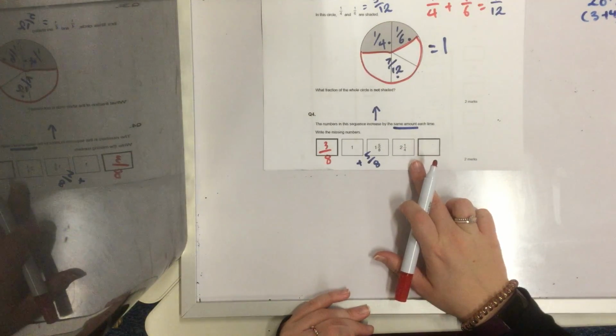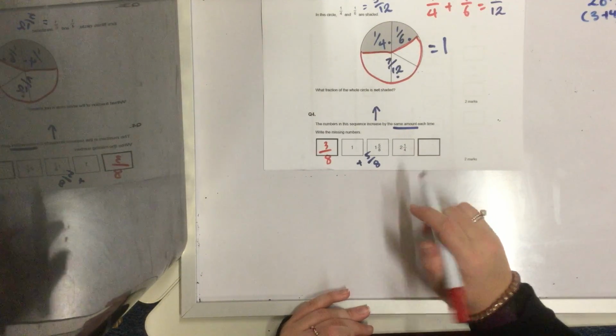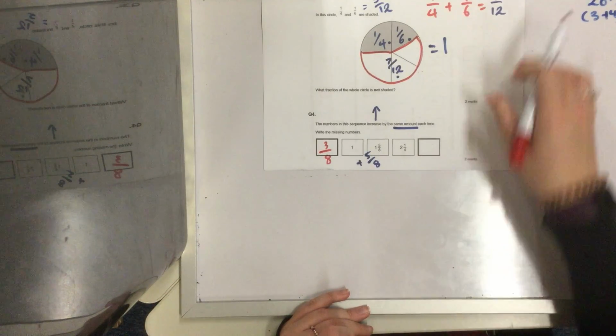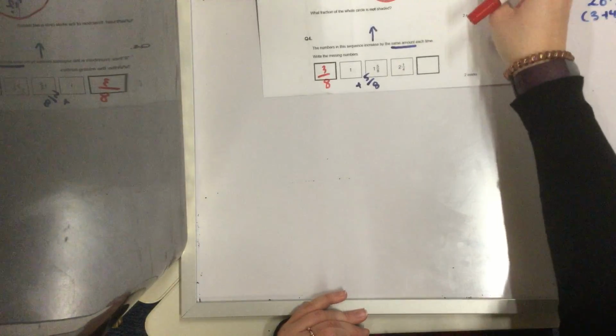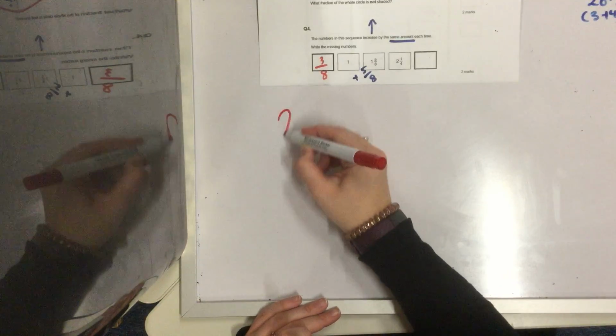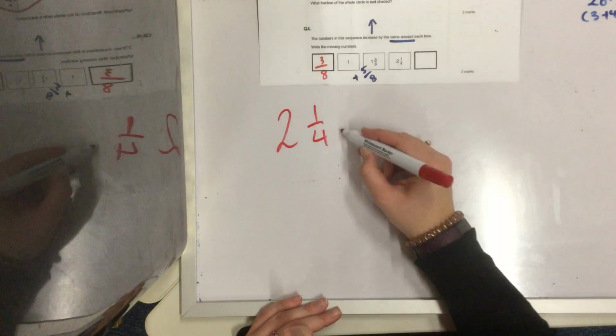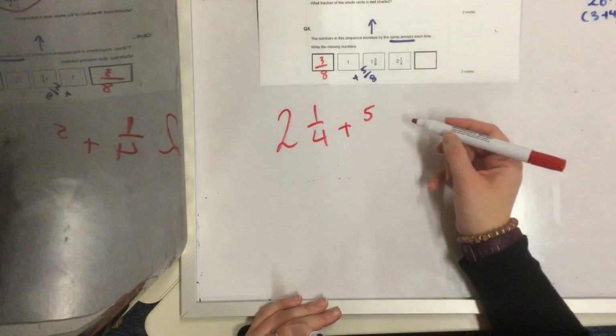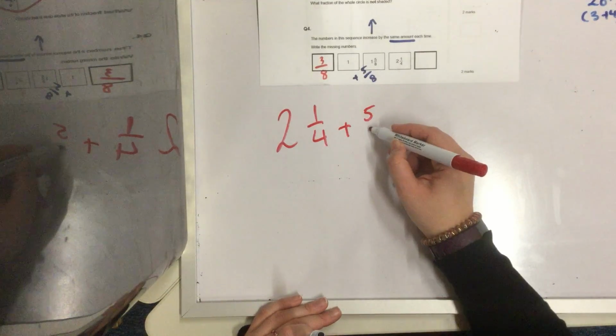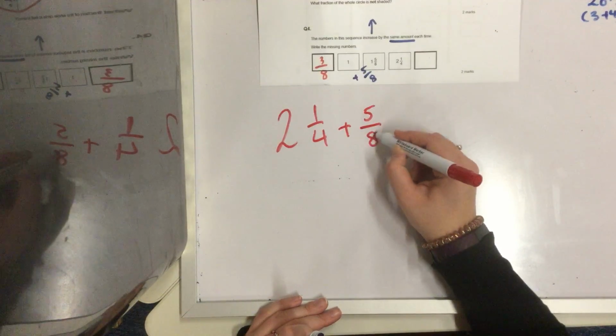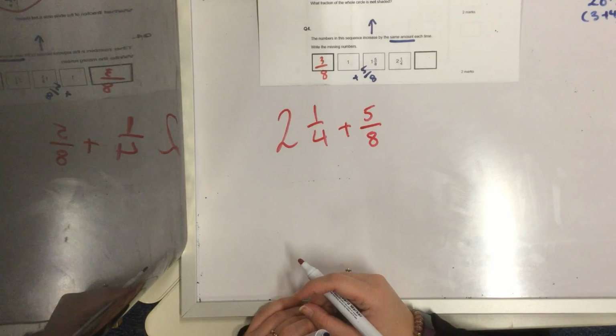Then up here, what we need to do is add 5/8 to 2 1/4. So we'll do our working out down here on the board. Now all we're basically doing is 2 1/4 plus 5/8.